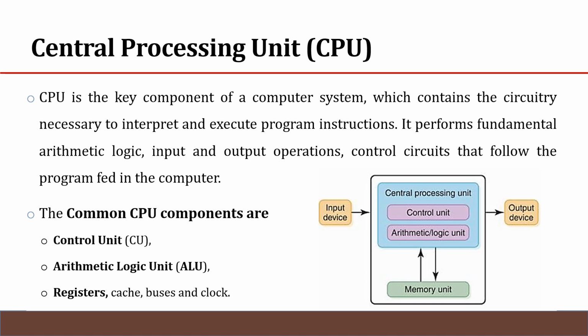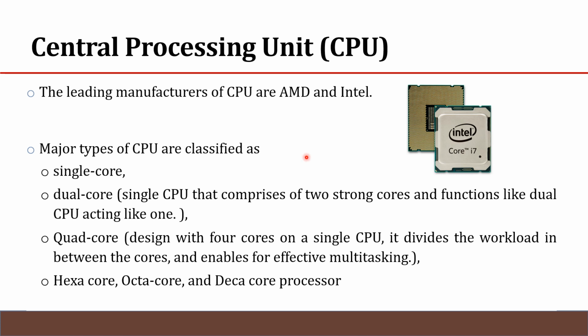The common CPU components are control unit, arithmetic logic unit, registers, cache memory, buses, and clock. The leading manufacturers of CPU are AMD and Intel. The major types of CPU are classified as single core, dual core, quad core, hexa-core, octa-core, and deca-core processor.